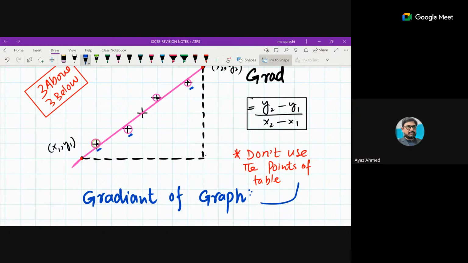Most of the students have a problem in this area, how to take the gradient. Although the gradient has 2 marks, it is very important. Most of the time, if your gradient is not correct, you will lose the marks. And that links with the line of best fit. If your gradient is not correct or not in the given range, then your line of best fit marks will also be cut.